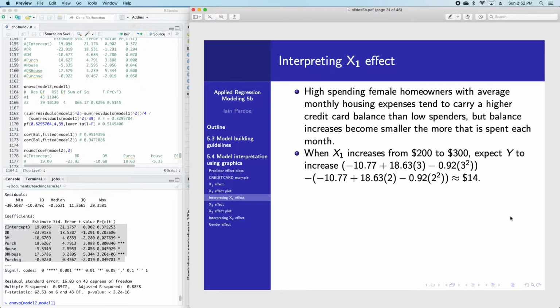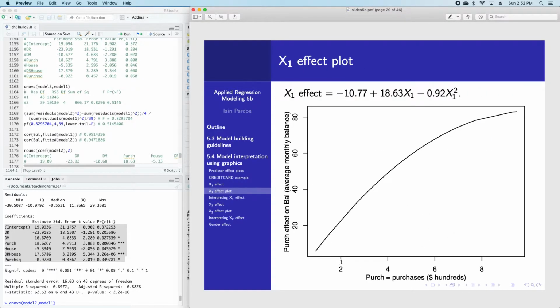If I wanted to quantify that, I could do a little bit of arithmetic. For example, when x1 increases from $200 to $300, that's from 2 to 3 on this graph. I'm calculating the difference between this value on the vertical axis and this value on the vertical axis.